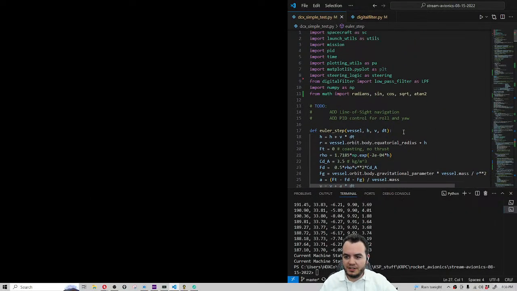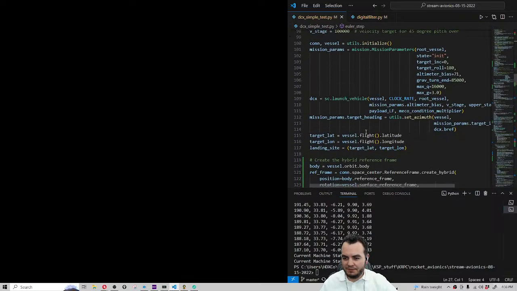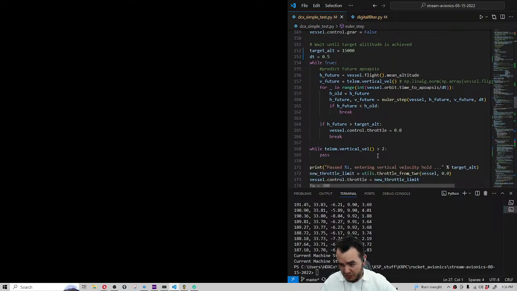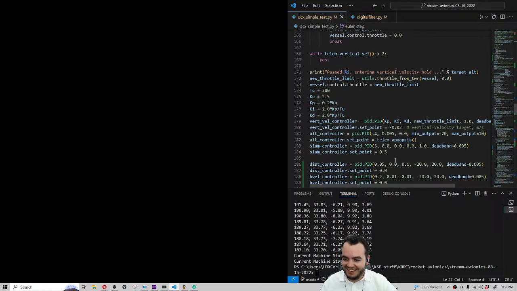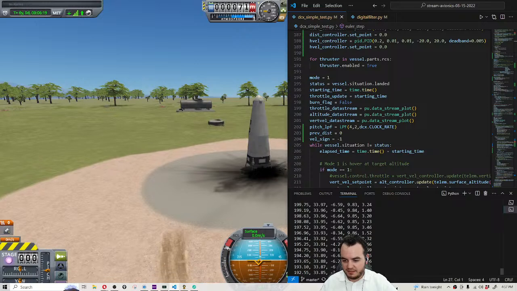I think I do want to tune down our distance PID a little bit from where we did, because I think we increased it by 5 times, and that's clearly way too much. Okay, let's see here. By the way, our low pass filter is doing fantastic. It's doing really pretty good. Yeah, I like it.